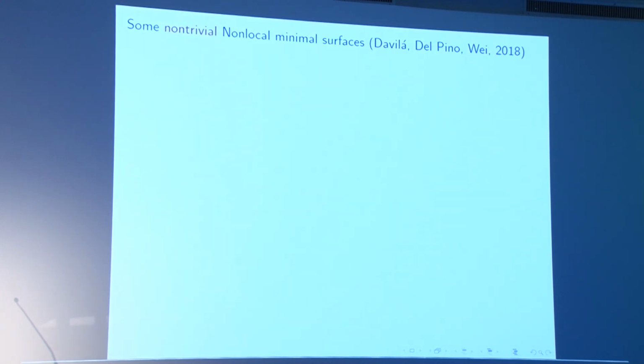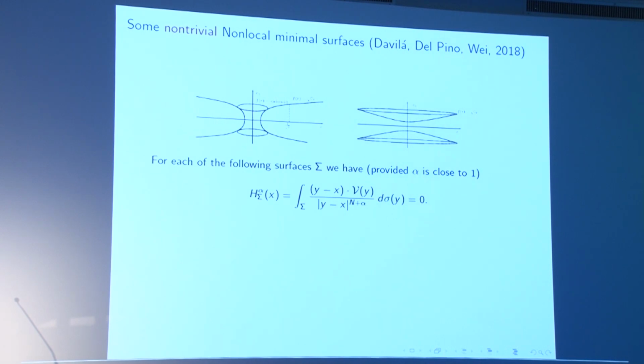They in fact found two types of family of surfaces. The first one looks like the catenoid, which is already very interesting. And then the other one is somehow connected and disconnected, and is asymptotic to a cone of revolution.